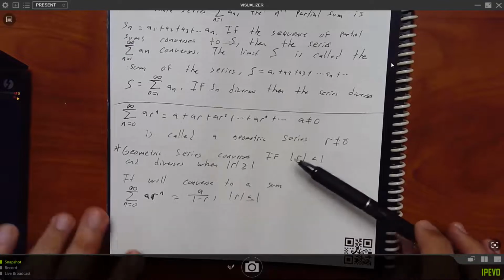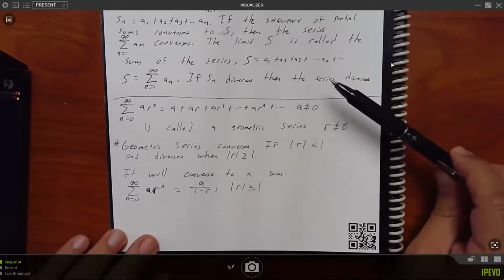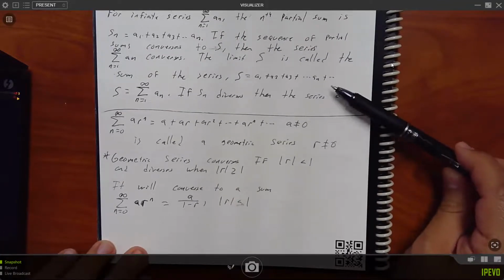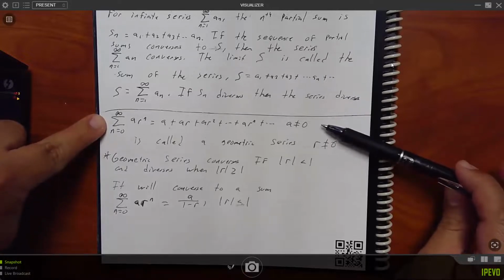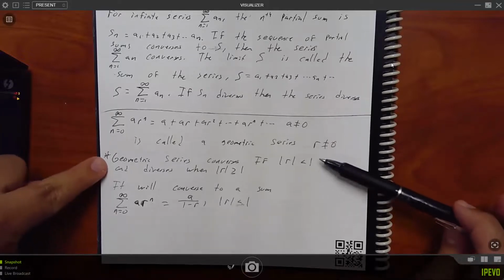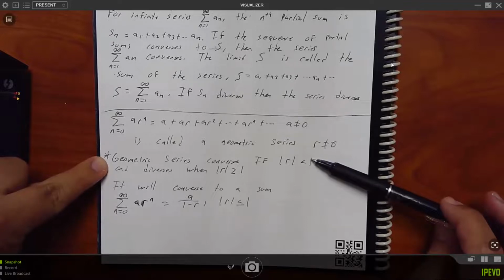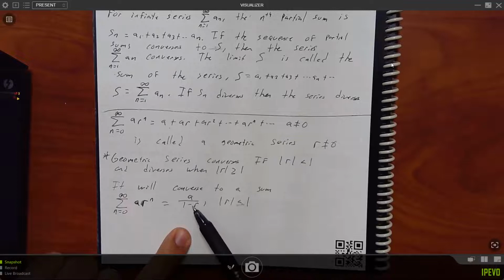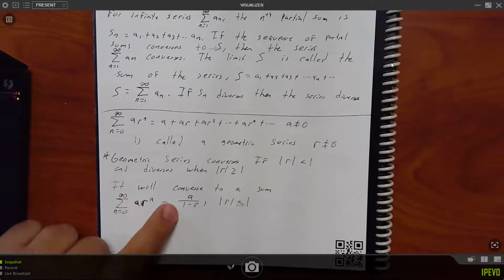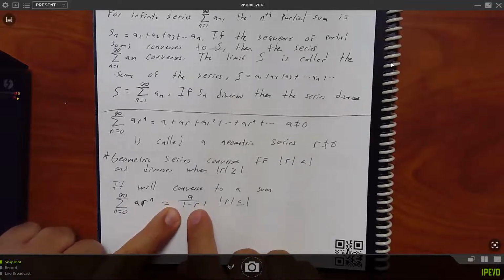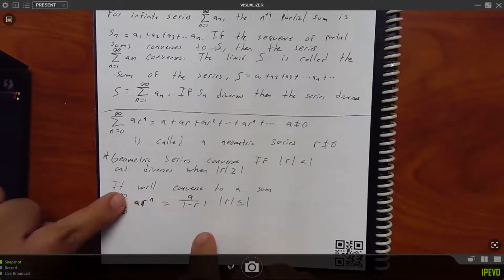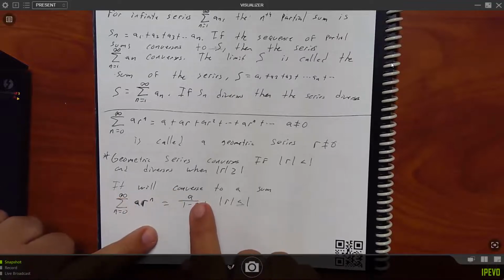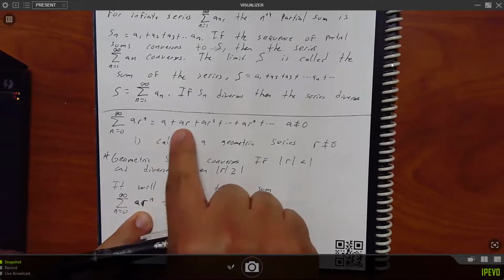So this is kind of like an extension of the partial sum idea. The geometric series will converge if r is less than 1, meaning it converges to a sum, and the sum is this right here. You can find the sum by using this formula, where a is the first term, and r is what they all have in common.